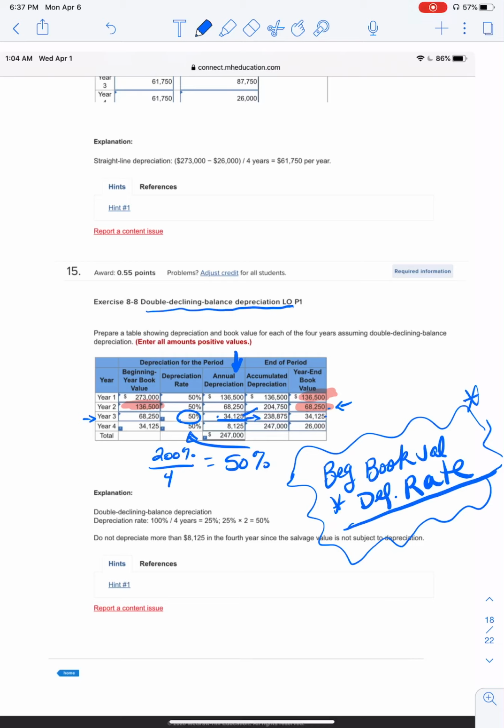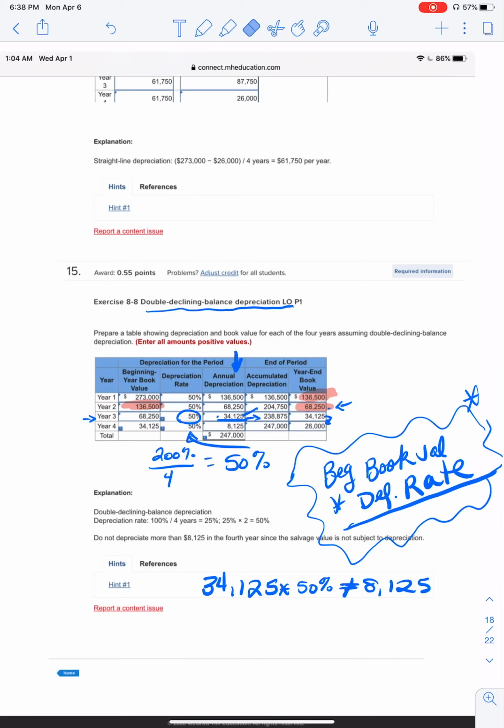Now, in this case, if you look from 34,125, the distance down to $26,000, which is our salvage value, is $8,125. But if you use the same pattern of 34,125 times 50%, that does not equal 8,125. In fact, it's a little over $17,000, which means something else is going on here.